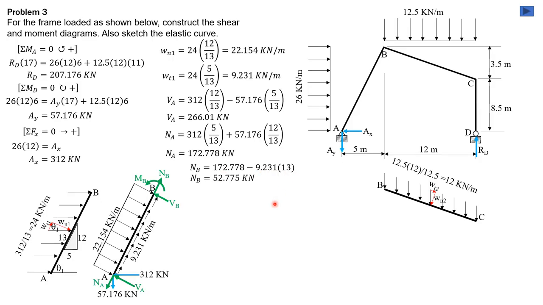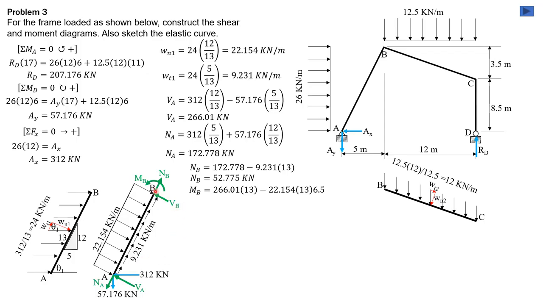So NB is equal to 52.775 kilonewtons. Shear at B is equal to shear A minus 22.154 times 13, because this is 13 meters long. So shear B is equal to shear at A minus 22.154 times 13.